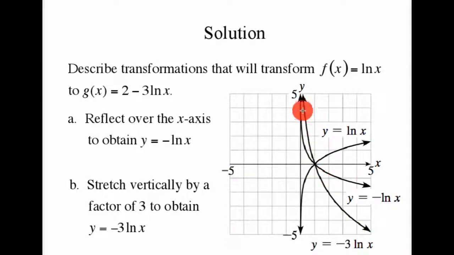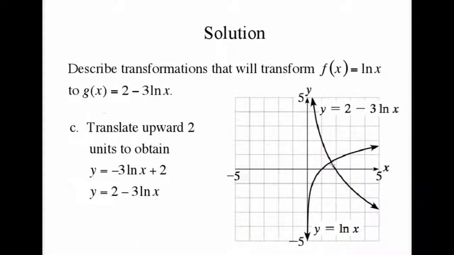You can see that stretching behavior. And then the last part of this would be to translate it up 2 units. So here is the final result. Our stretched graph reflected across the x-axis has now been translated up 2 units, and that's what this looks like, again compared back to the natural log function, the parent function.